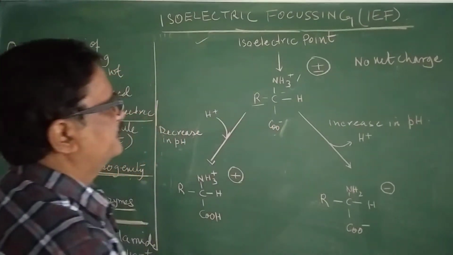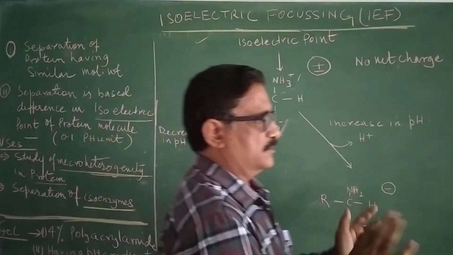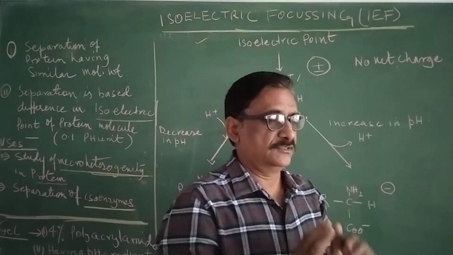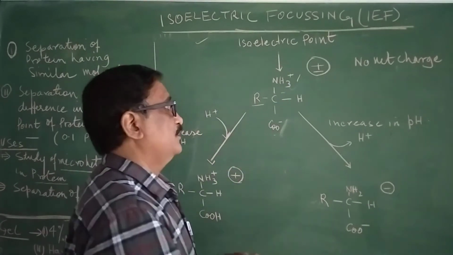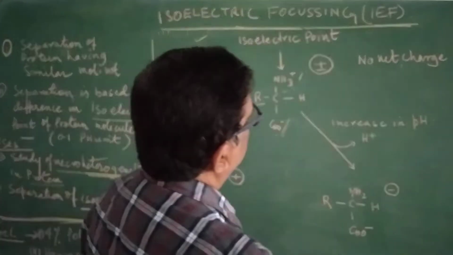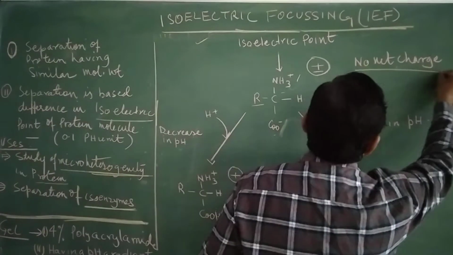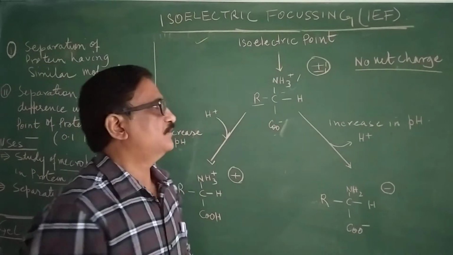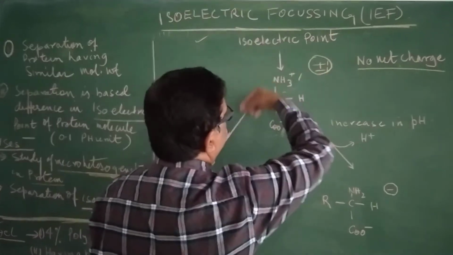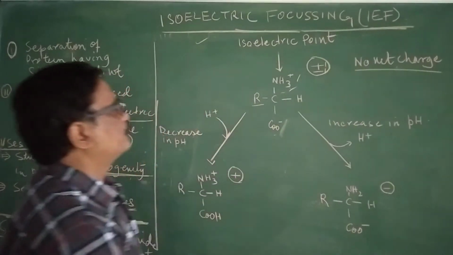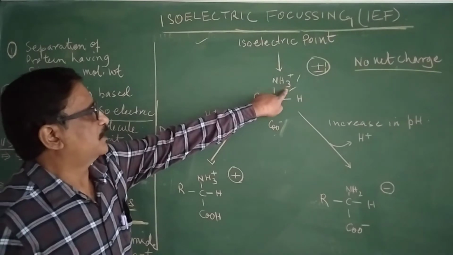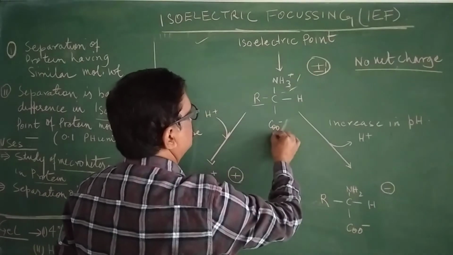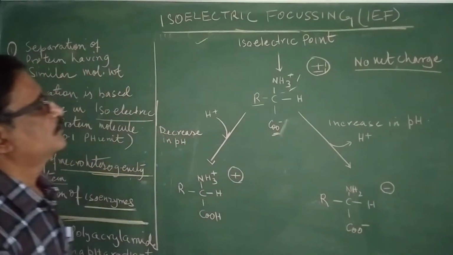The isoelectric point is the value of the pH of the medium at which the protein molecule carries no net charge. That means it carries equal amounts of positive and negative charge. For example, it exists like this, with an additional hydrogen ion on the amino group carrying a positive charge and a negatively charged carboxyl group.